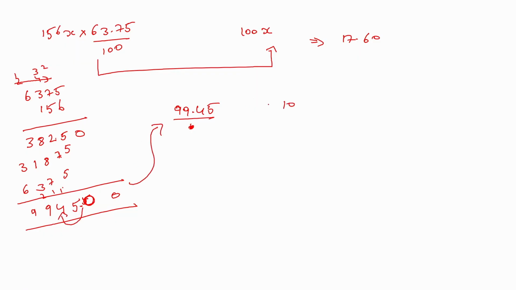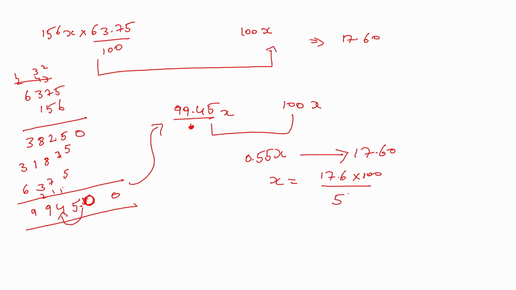And the difference between initial and final value is 0.55x. The value of 0.55x is 17.60. So the value of x would be 17.6 into 100 divided by 55.